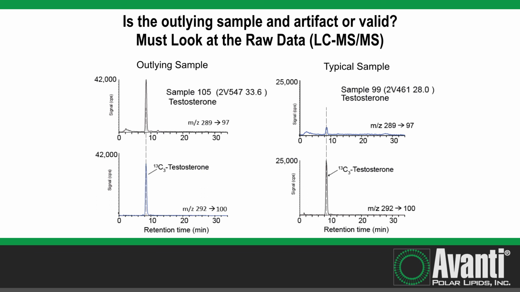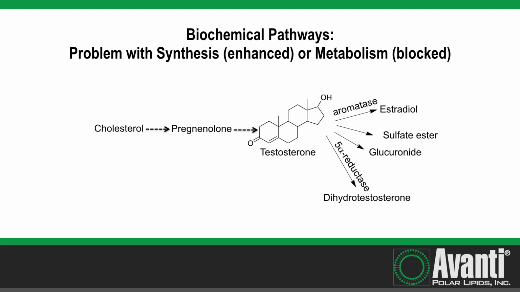What does that mean then, if there's so much testosterone in that sample? Well, this is the biochemistry of testosterone, starting from cholesterol. Of course, it can start from acetate, but here's cholesterol going to pregnenolone to testosterone, and then it is metabolized to estradiol, the testosterone sulfate, or glucuronide, or dihydrotestosterone by 5-alpha reductase.